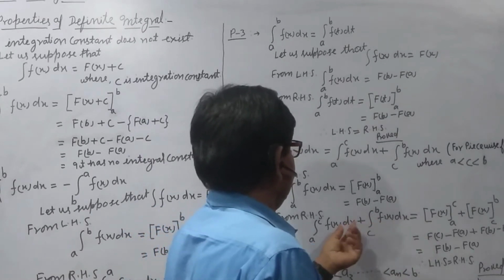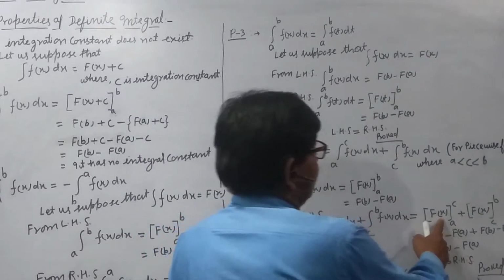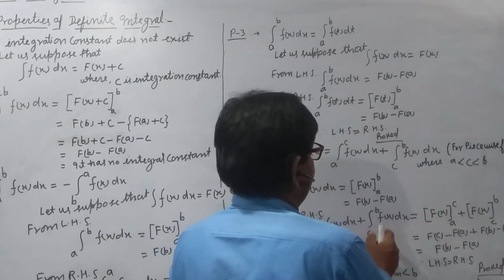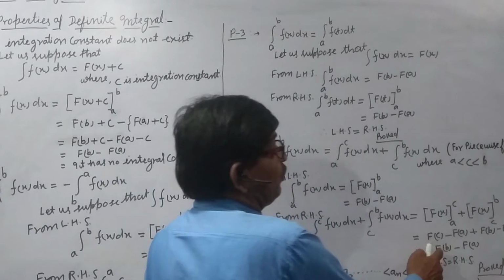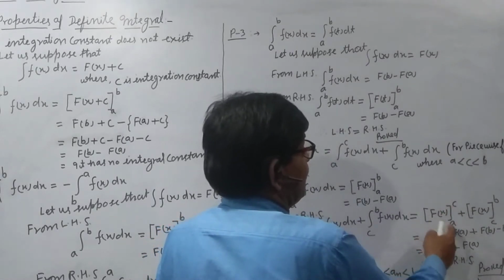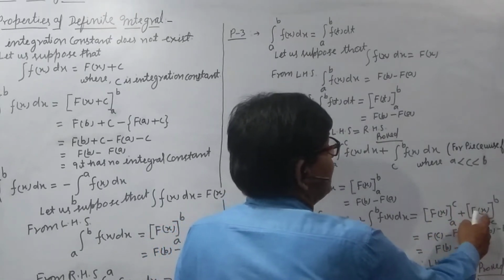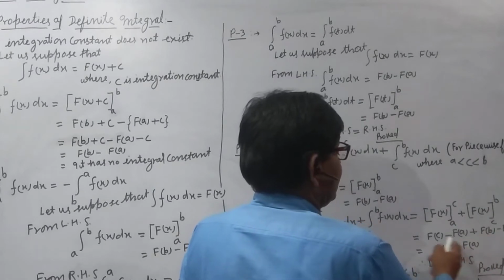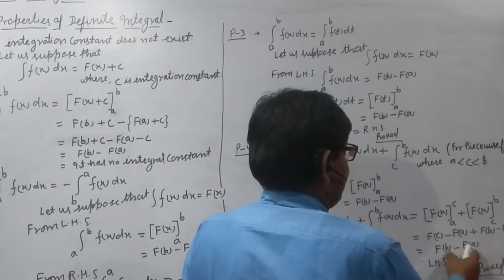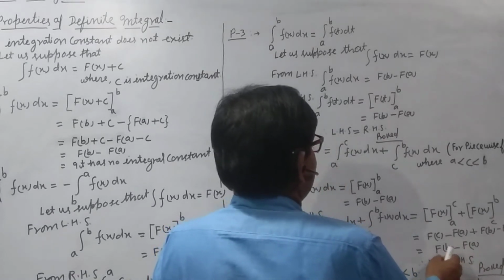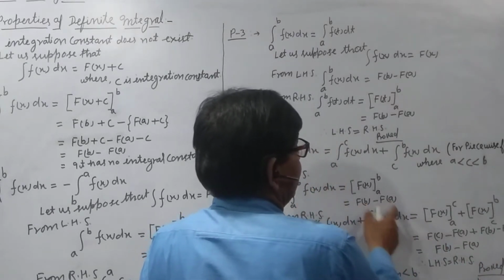The integration is F(x) from a to c and F(x) from c to b. Putting the lower and upper limits, F(c) minus F(a) plus F(b) minus F(c). Here F(c) and F(c) cancel, giving F(b) minus F(a), so the left hand side and right hand side are equal.